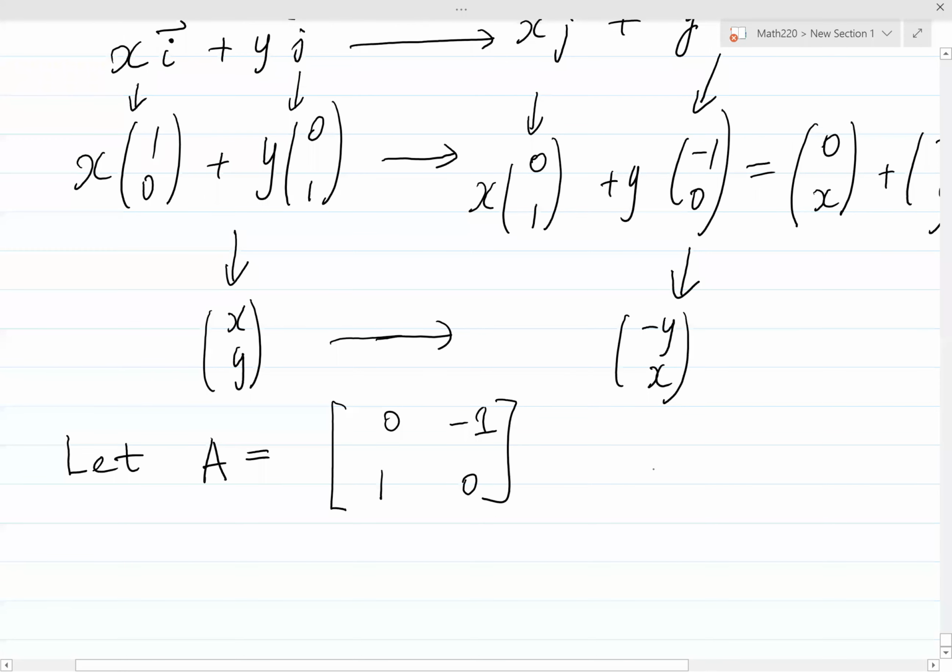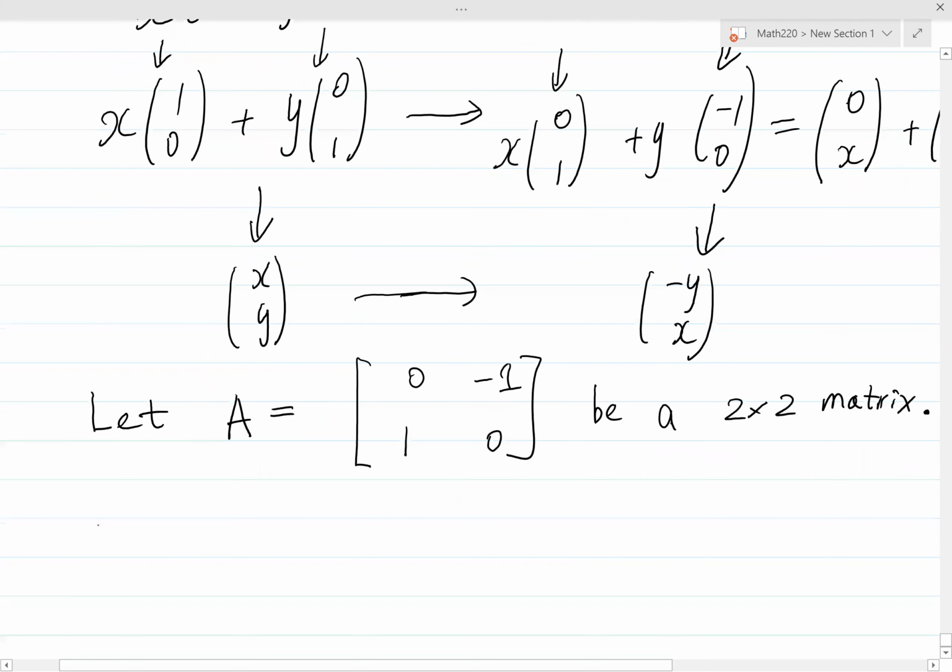We put a bunch of numbers in a certain order, and we call it a matrix. Each component is called an entry.